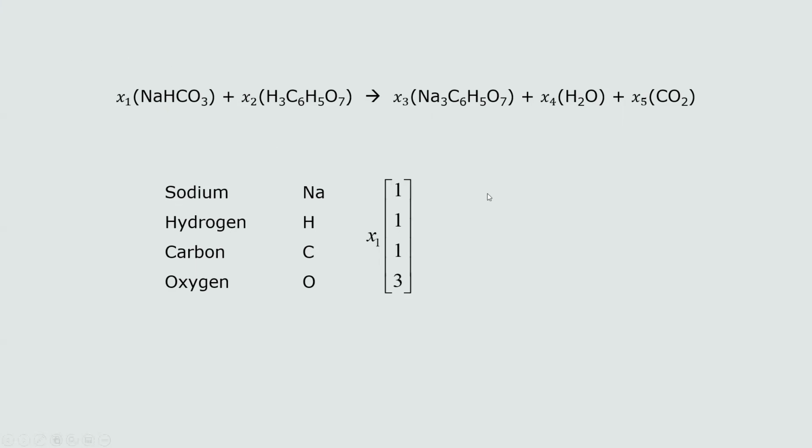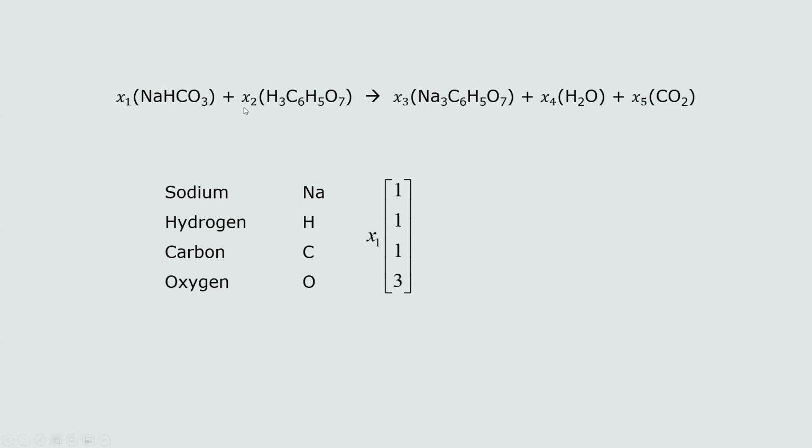I'm going to make a vector, and I look at the compound, and I have one sodium, so I'm going to put a 1 in my vector. I have one hydrogen, so I'll put a 1 in my vector. I have one carbon, so I put a 1, and I have 3 oxygen, so I'm going to put a 3 in my vector.